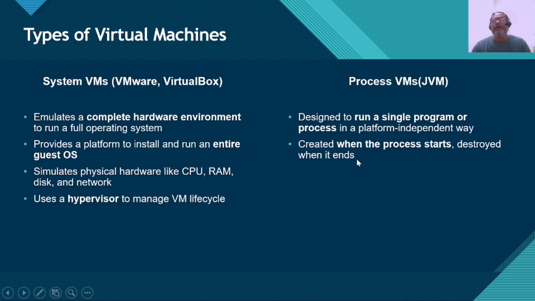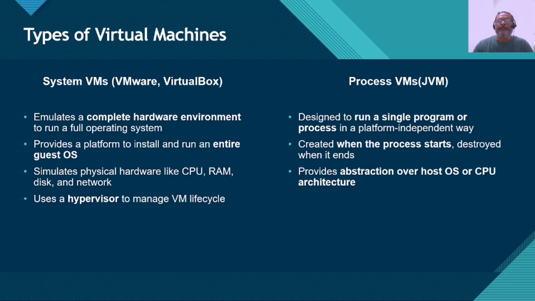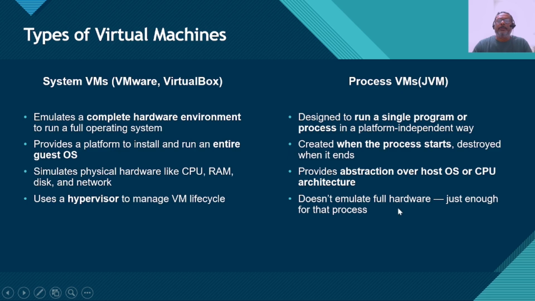But here a user independently creates one virtual machine for each process, and it provides an abstraction over the host operating system or CPU architecture. It doesn't emulate any full hardware; just enough of whatever is required for the process will be simulated. So that's the advantage of working with this.